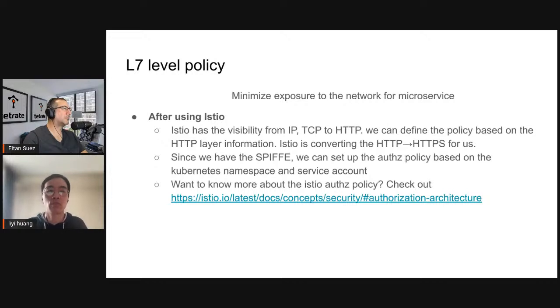But you don't have to do that at all in Istio's world, because it's plain text to Istio, and Istio terminates your TLS connection, so we can know what's inside your HTTP layer. And because we have SPIFFE, we can set up the authorization policy based on SPIFFE, and it's not related to your IP address anymore.